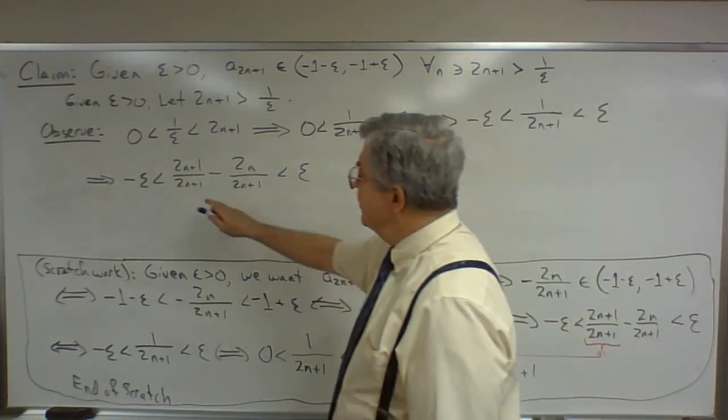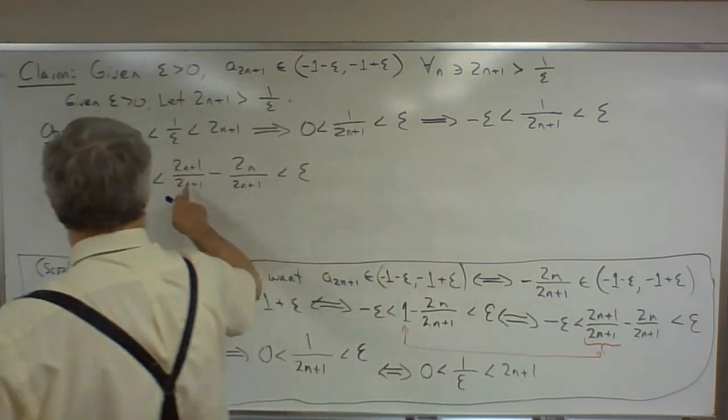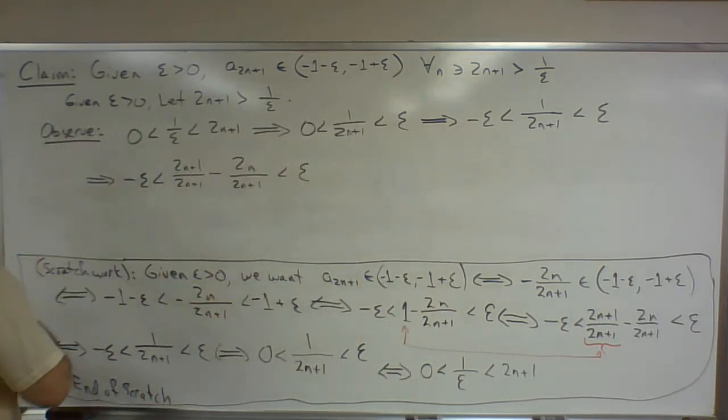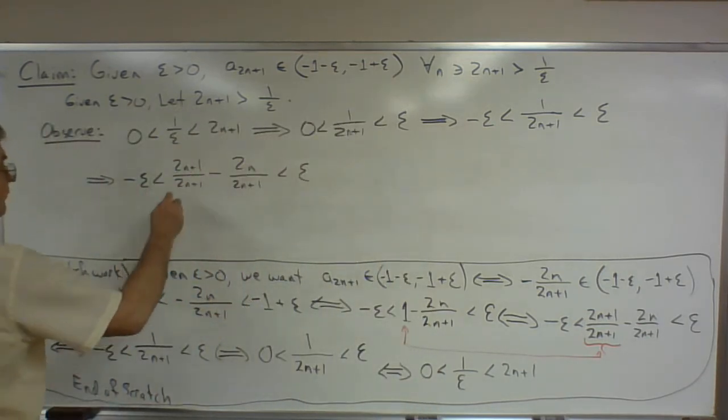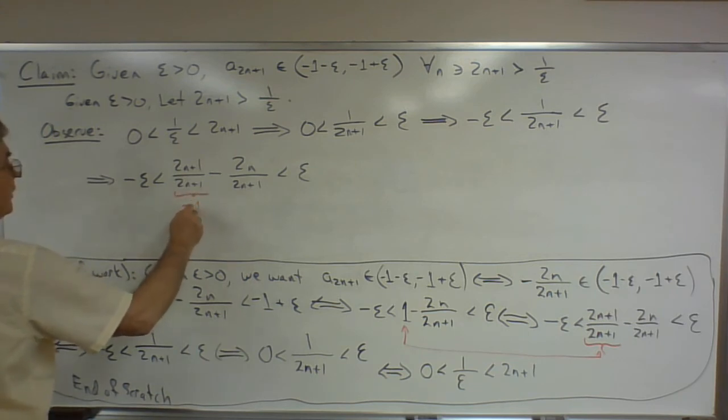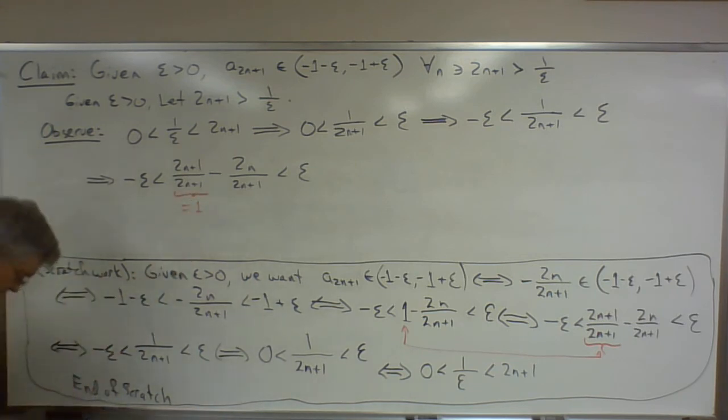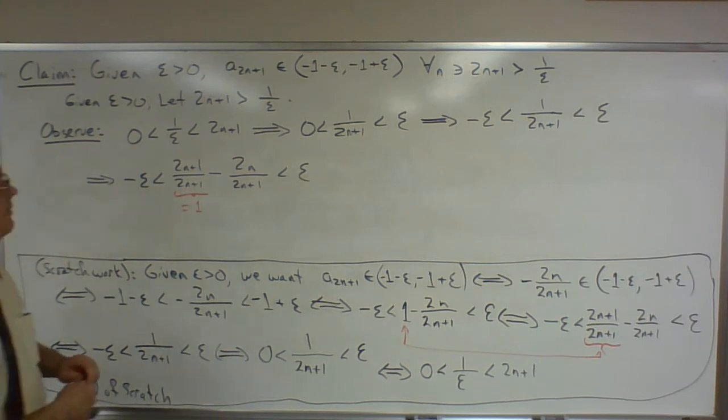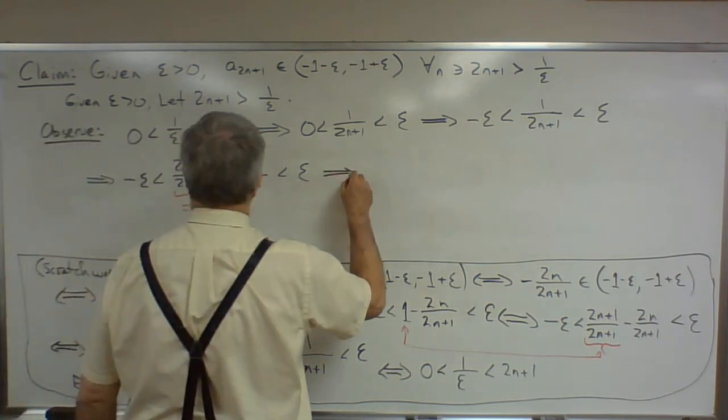And what is this thing, 2n plus 1 over 2n plus 1? It's equal to 1. So I'll rewrite it and acknowledge that fact.